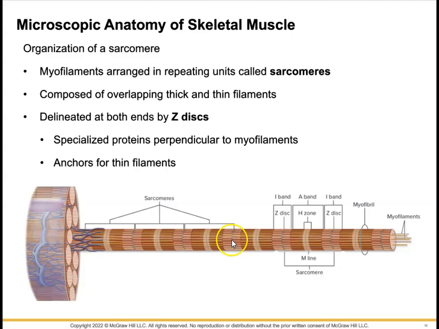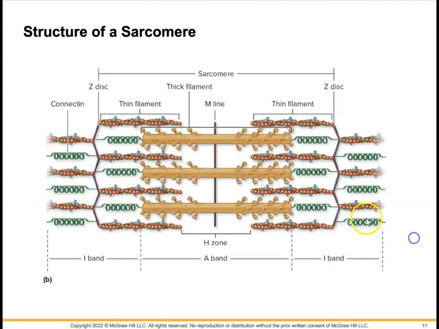So this striped appearance you see is simply the overlapping thick and thin filaments that we've seen already. Okay? So there are specialized proteins that run perpendicular to the myofilaments that serve as anchors for those actin filaments. Now, we're going to see those as well. Just hang on. Let's continue with this sarcomere.